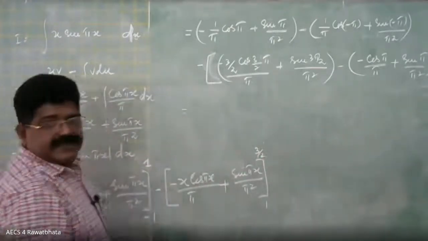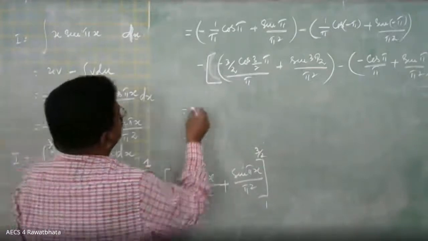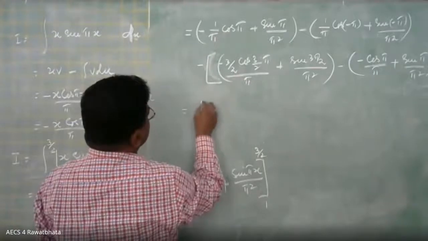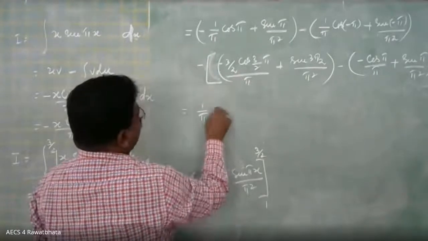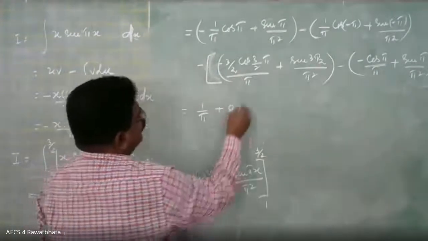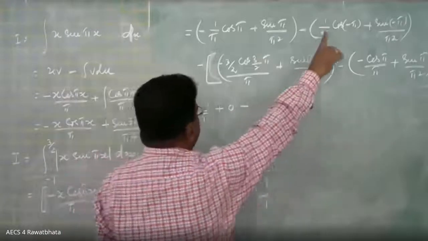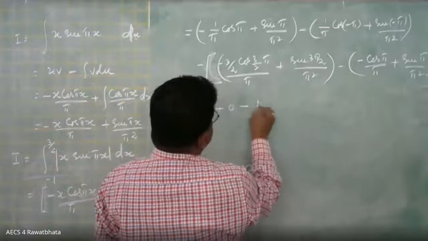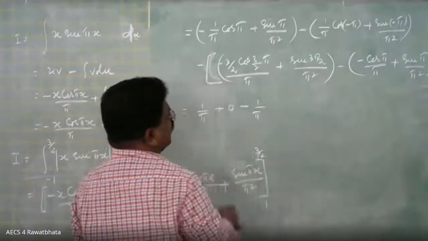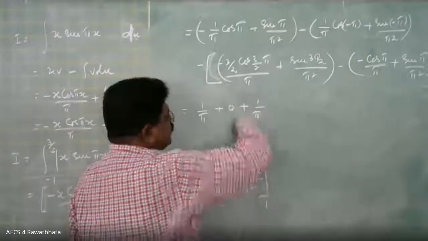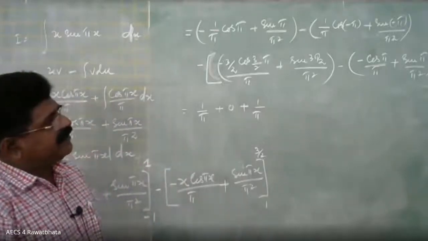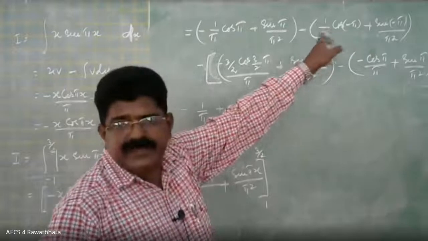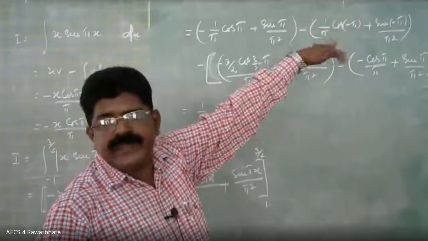Yes, cos pi is minus 1. So minus minus plus 1 by pi, and sin pi is 0. Minus of here, cos of minus theta is cos theta, so minus 1 by pi cos pi is minus 1, so minus minus plus. Cos of minus pi is cos pi, which is minus 1.